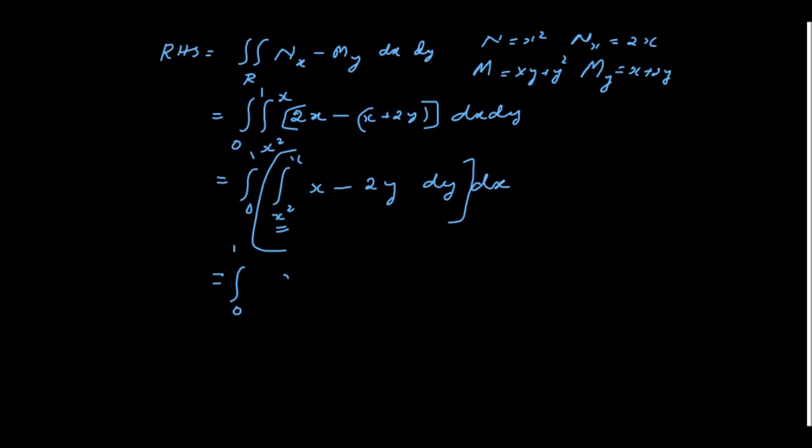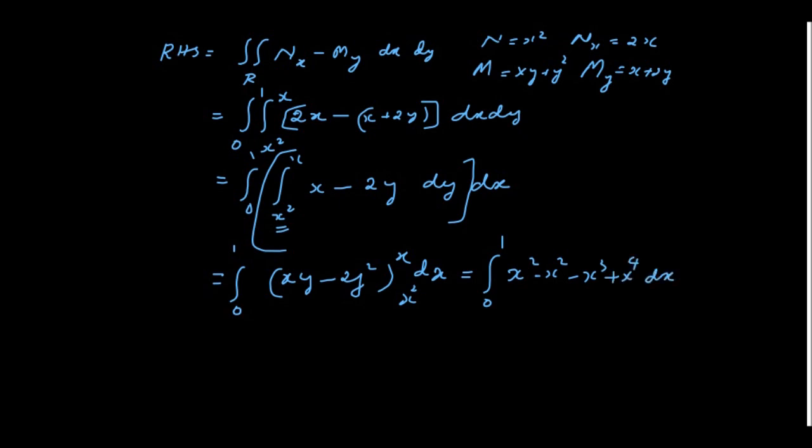With respect to y, xy minus y square will come within the limit x square to x, dx. So this is equal to the integral from 0 to 1. You will get x square minus x cube plus x raised to 4 dx.